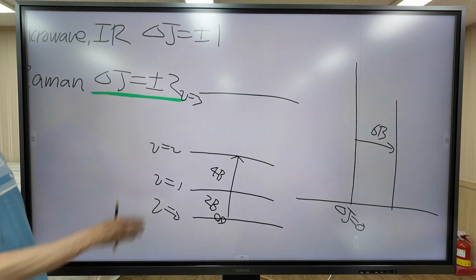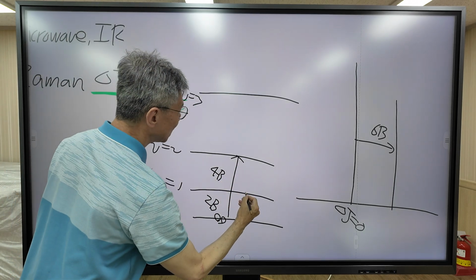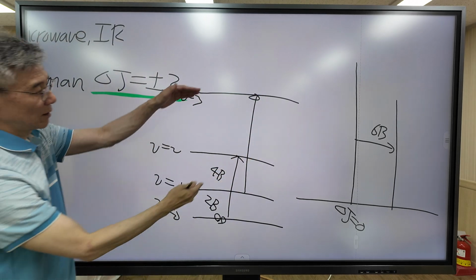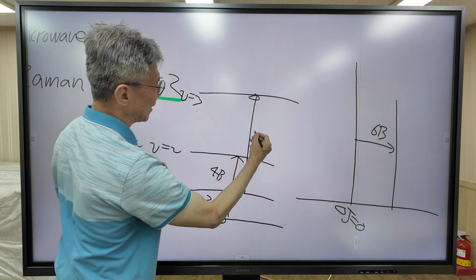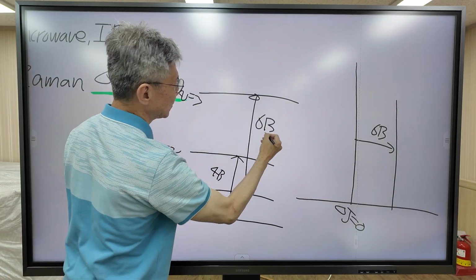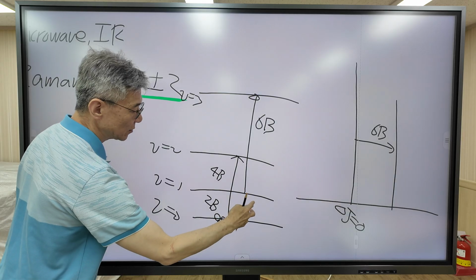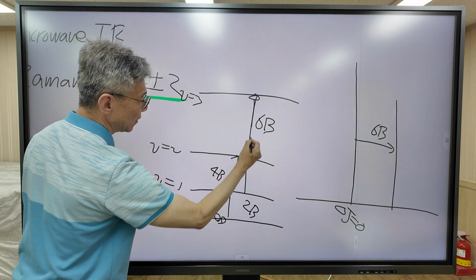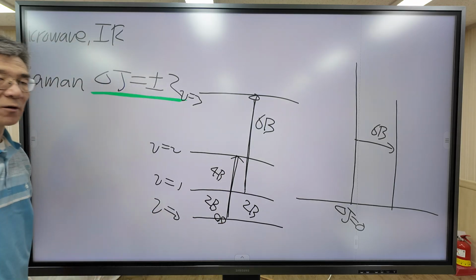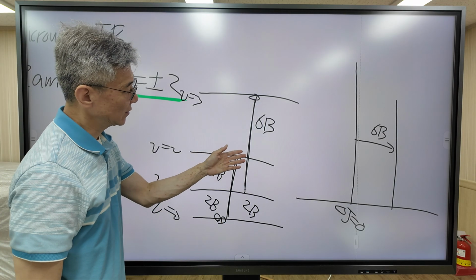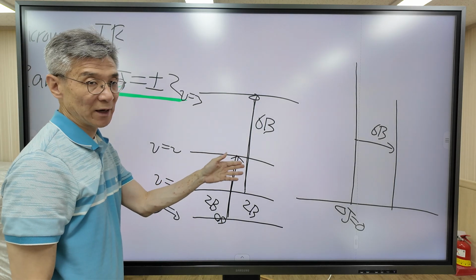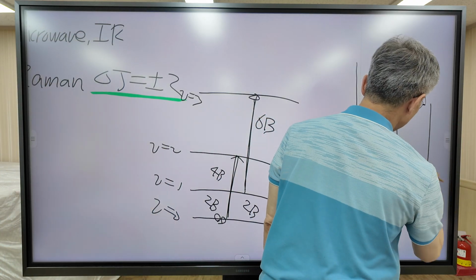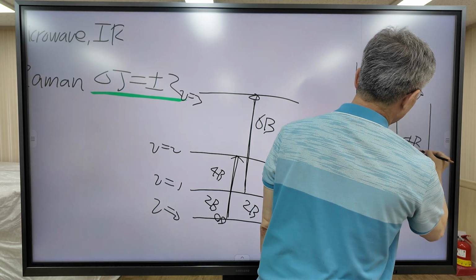Now the second peak corresponds to this one. Now the head is larger by 6B, and the tail is shorter by 2B. So when you compare the length of this arrow, this one is larger by 4B. So the second peak is displaced by 4B.